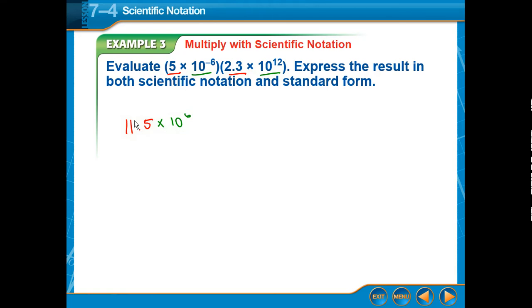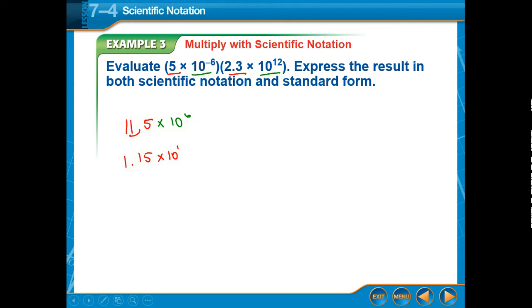Now, this looks like it's almost like scientific notation, but it's not, because our decimal place is not right. So I want to have my decimal place technically right there. So to get it there, I move it once. So that's going to be 1.15. I moved it once to the left, or I made my number smaller, so I want to multiply it by a bigger number to keep it equal. 10 to the first.